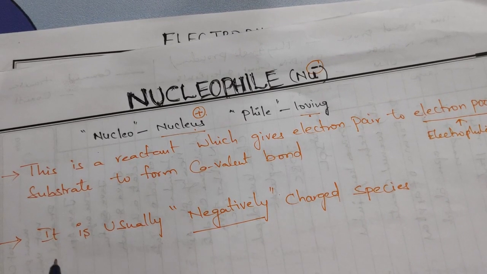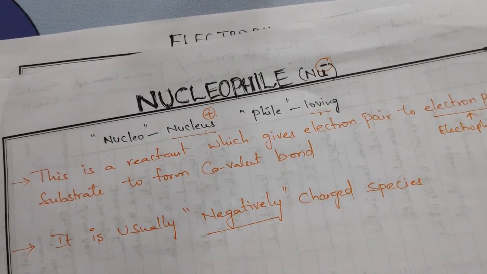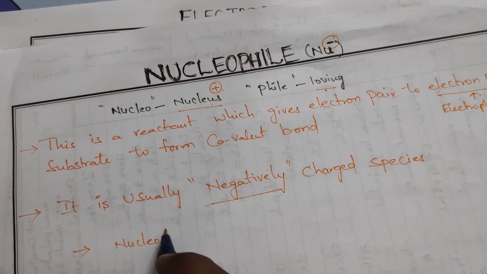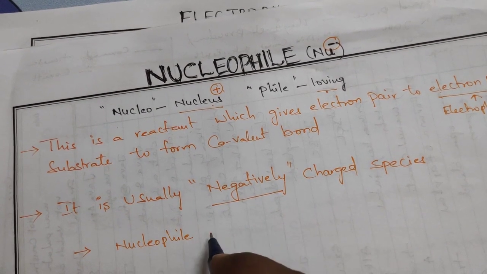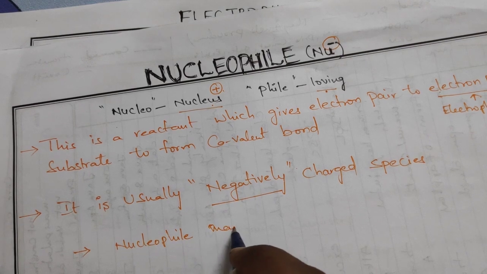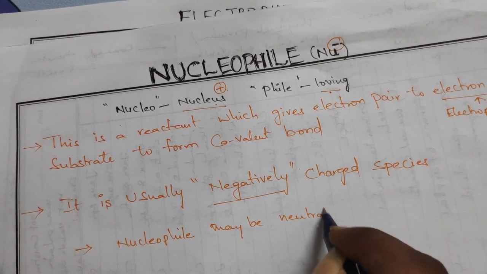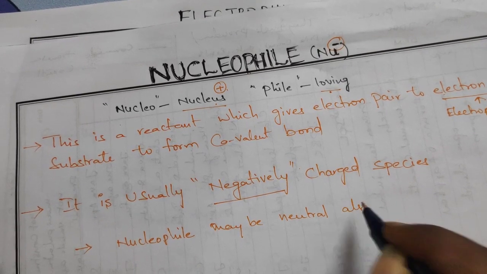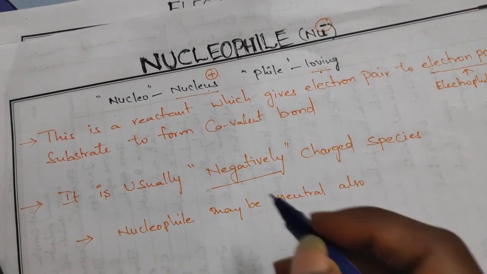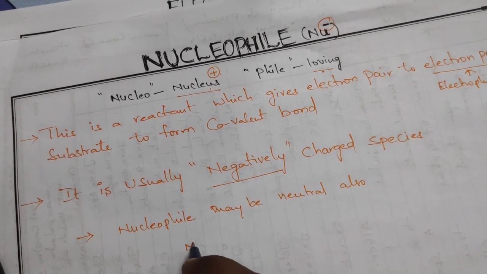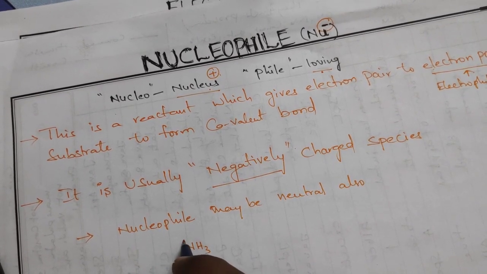Sometimes a nucleophile may be neutral also, for example ammonia.